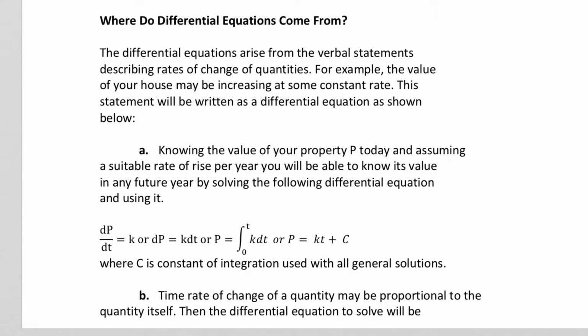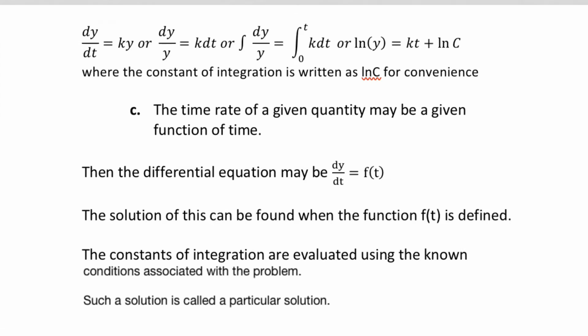Then the differential equation to solve will be dy by dt is equal to ky, or dy by y is equal to k into dt, or integral of dy by y is equal to integration from 0 to t of k into dt, or ln of y is equal to k into t plus ln of c, where the constant of integration is written as ln c for convenience.